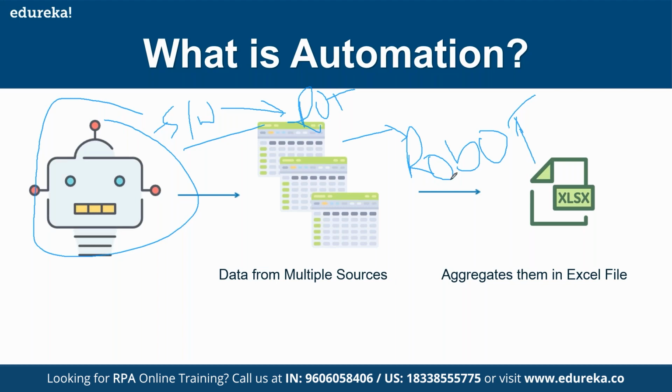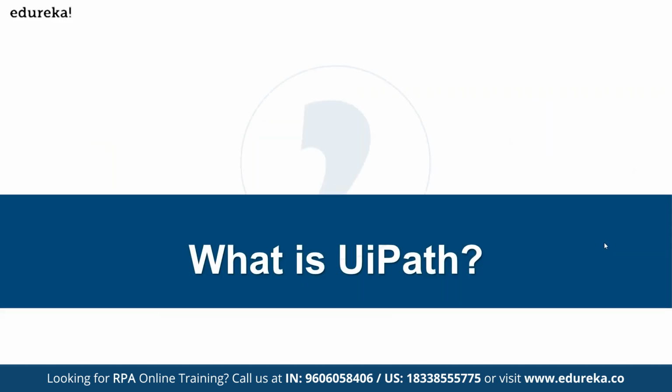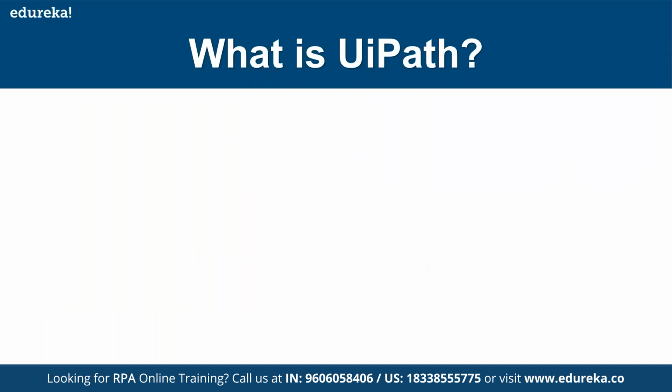Generally, a robot is a software which has the capability to mimic human actions. Whatever actions the human performs on a computer or on a screen, if a software can perform the same actions, that is a robot. That is automation.